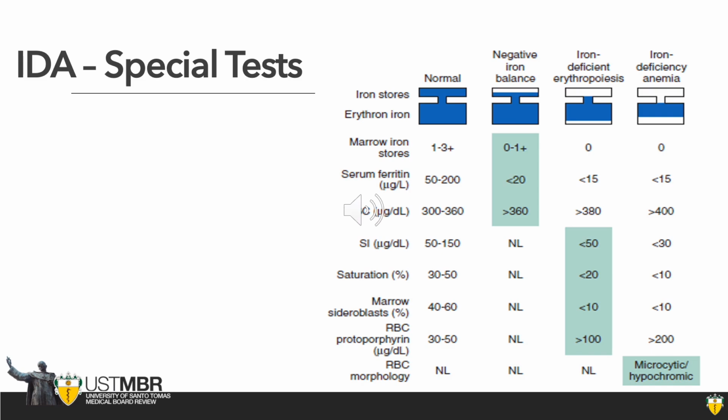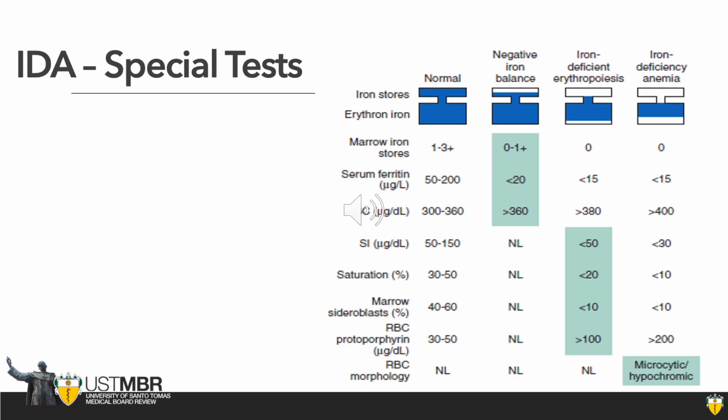And then the second stage would be an iron deficient erythropoiesis. And as you can see here, your iron stores are even lower, and the iron in the erythron or in the bone marrow is starting to also decrease. Now, even the iron in the peripheral cells will now be affected.